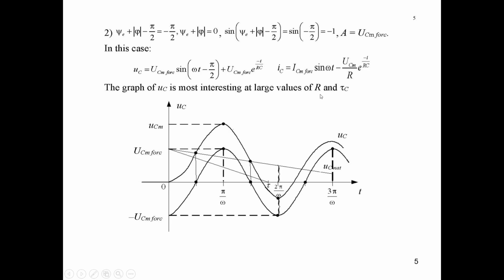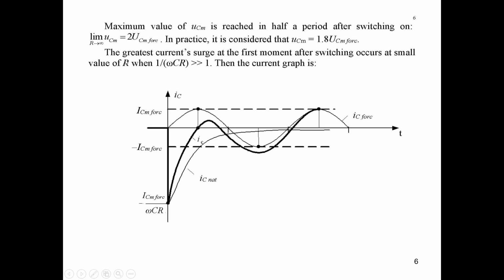When R is really big, in such a case we may have a surge of really big level after commutation of uC, voltage drop across capacitance, and when R is rather small in comparison with 1 over omega C, we will have a surge of current because the natural component current will be rather big.